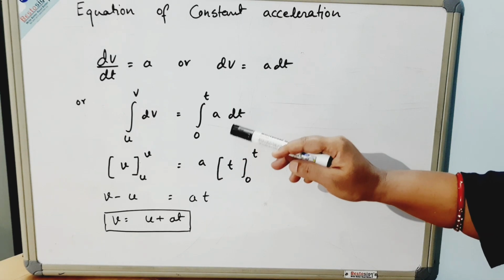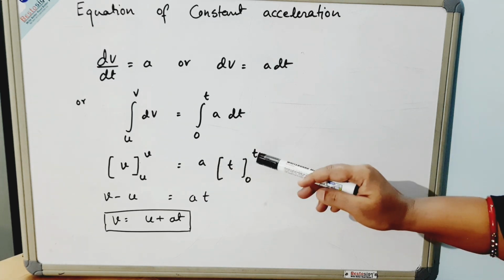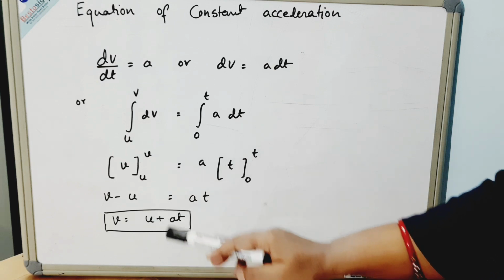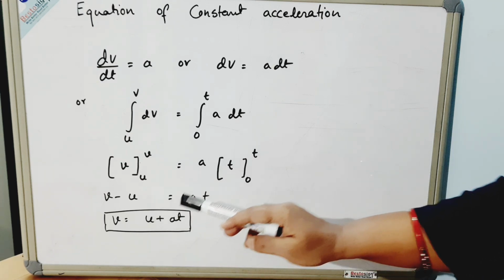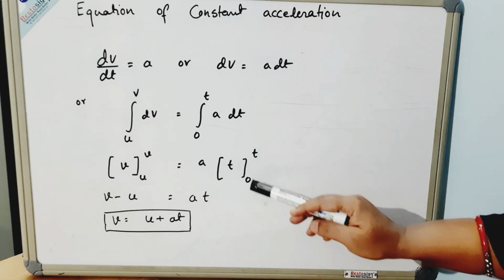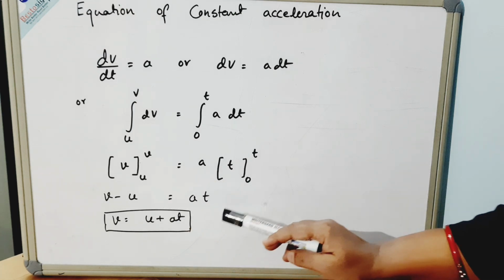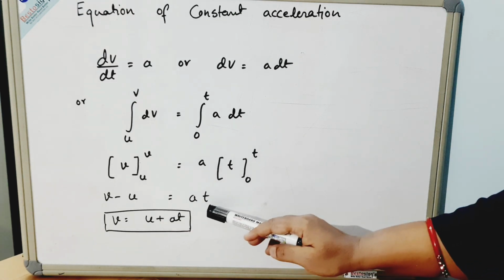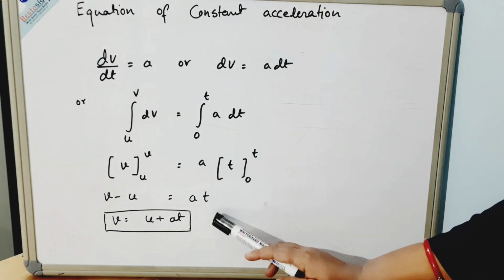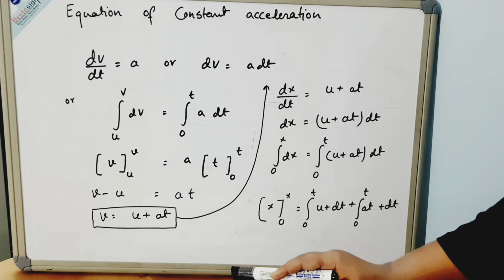As time changes from 0 to t, the velocity changes from u to v. So on the left hand side, the summation is made over v from u, whereas on the right hand side, the summation is made from 0 to t. Evaluating the integral, we get v minus u equal to at, and when we take this u to the other side of the equation, v will be equal to u plus at.